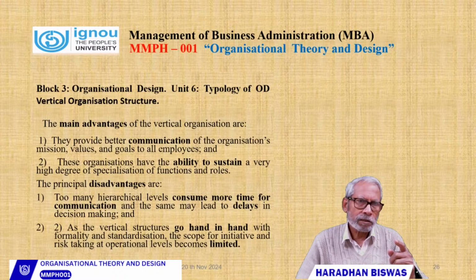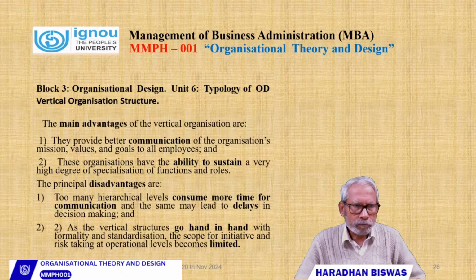So ultimately it may circulate three to four times before reaching the top layer, and that is how it is delayed. Vertical structures basically go hand in hand with formality and standardization, and the scope for initiative and risk taking at the operational levels becomes limited.